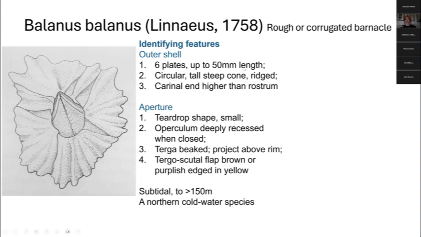It's a tall, steep cone, similar to Perforatus that we just looked at, but this one is often very distinctively ridged from the top of the plates down to the bottom. And again, like in Balanus crenatus, the top end of it is higher than the rostral end.